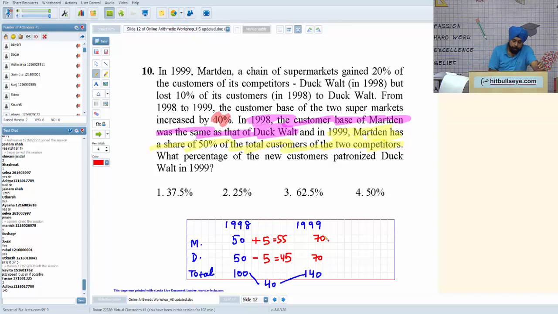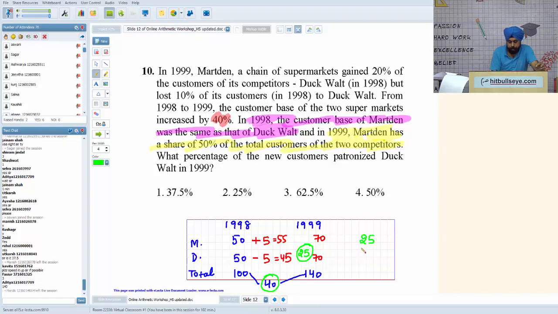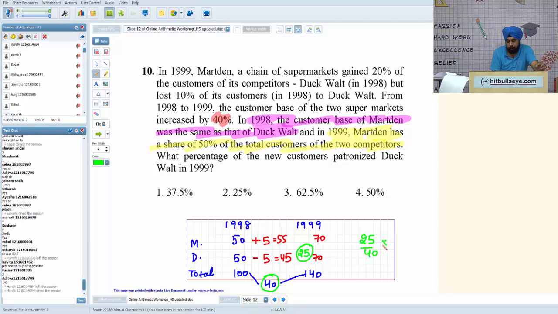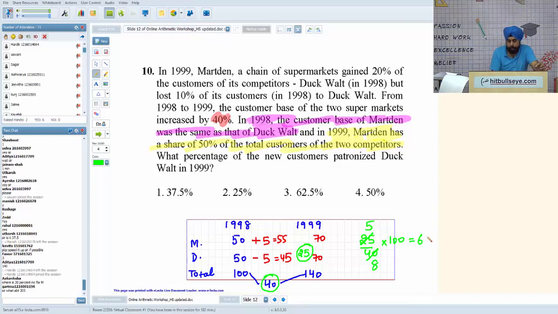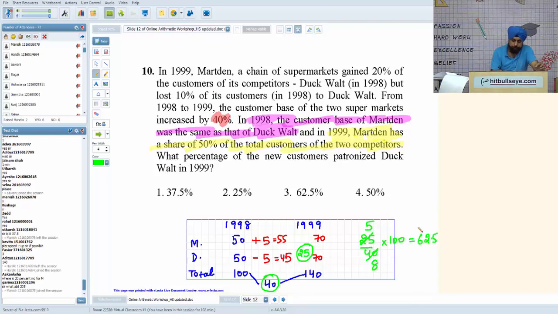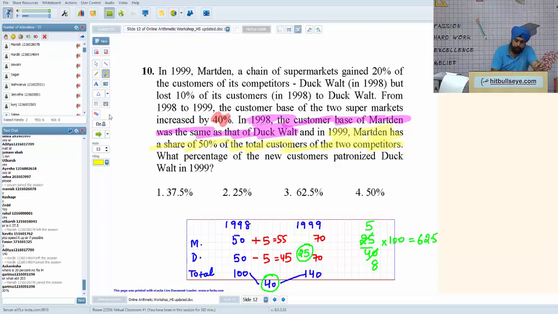Duck Vault has 45 customers from the earlier base and 70 in total. So this means it has got 25 new customers out of a total of 40 new customers. Now you need to find 25 is what proportion of 40. It is 5 by 8, students, and 5 by 8 you all know is 62.5%. So the answer comes out to be option number 3.